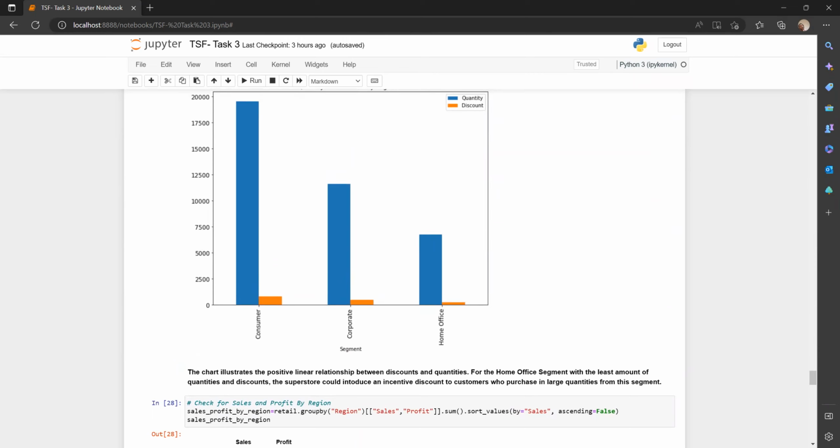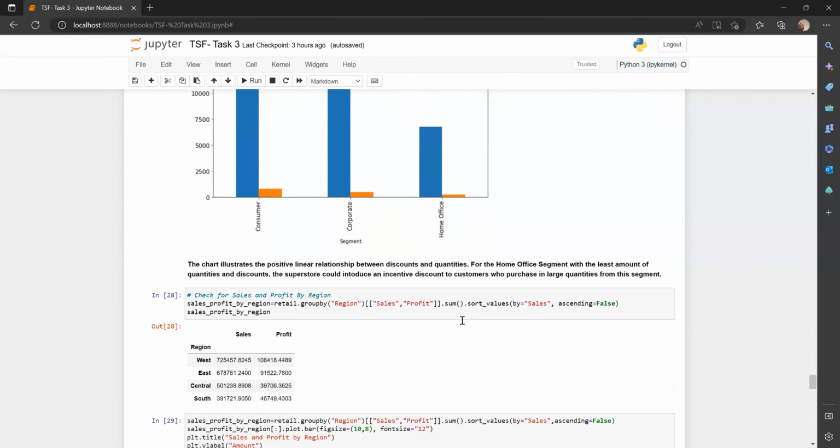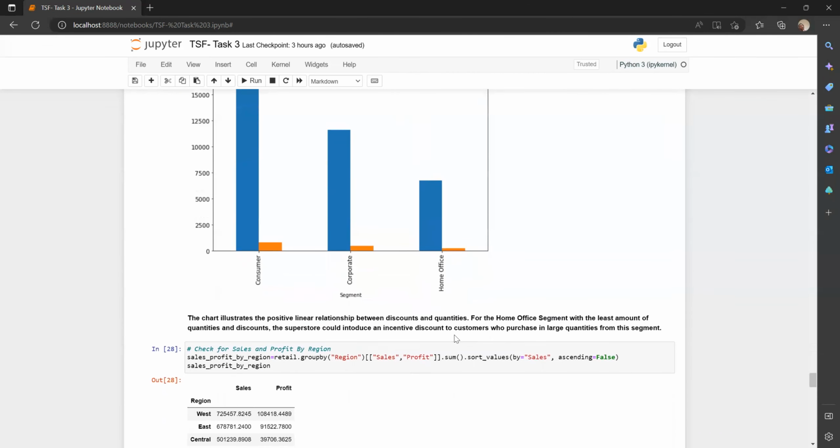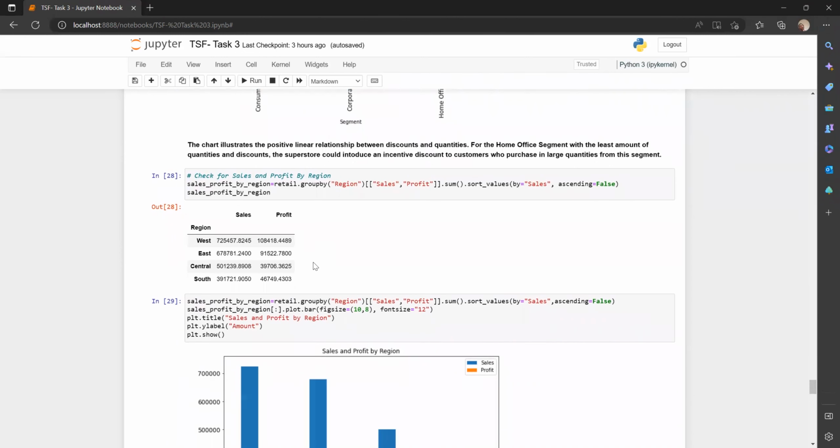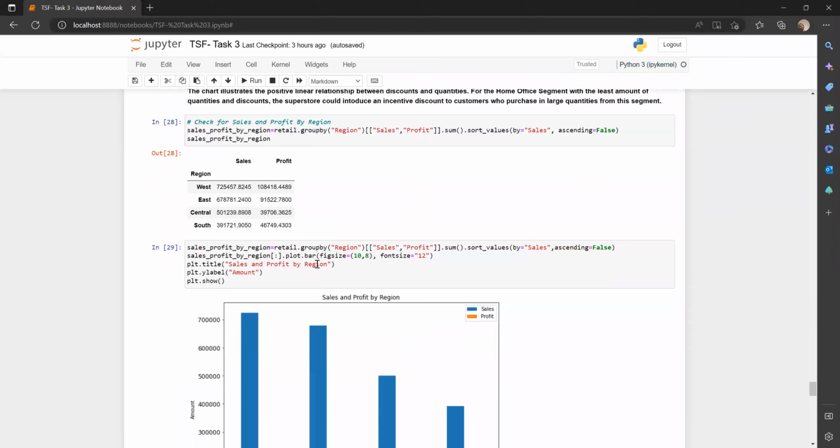So one thing the Superstore could do is to introduce an incentive discount to consumers who purchase in large quantities from this home office segment, to increase the quantity of goods bought.